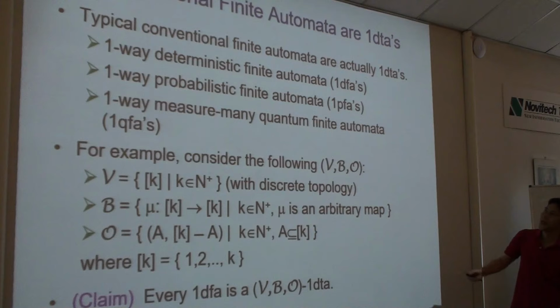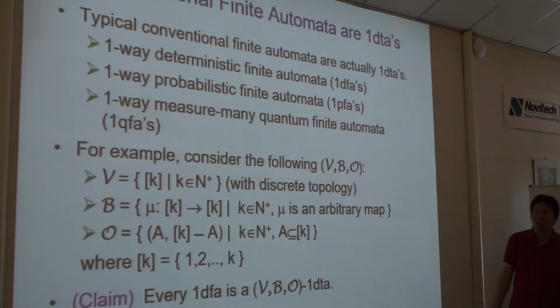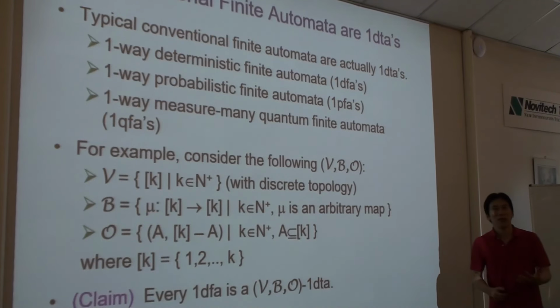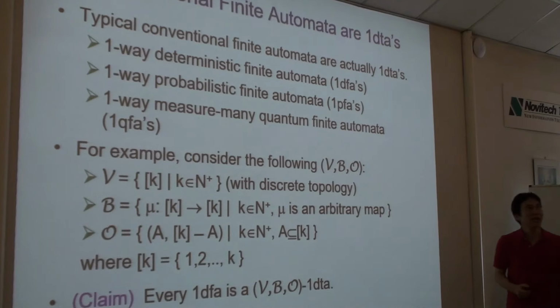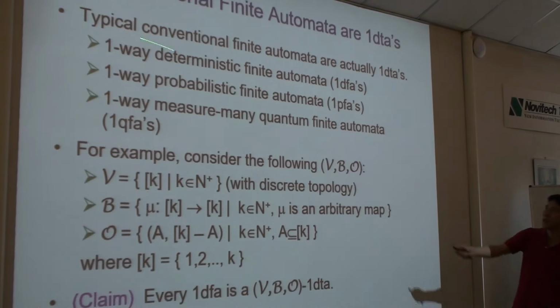In a similar way, you can characterize those machineries in terms of topological automata. So that's the beauty of topological automata. You can describe a whole bunch of finite automata, even the quantum ones.